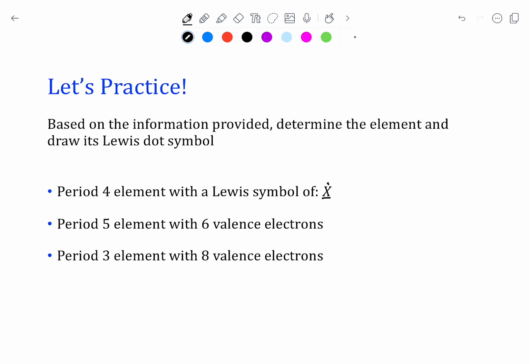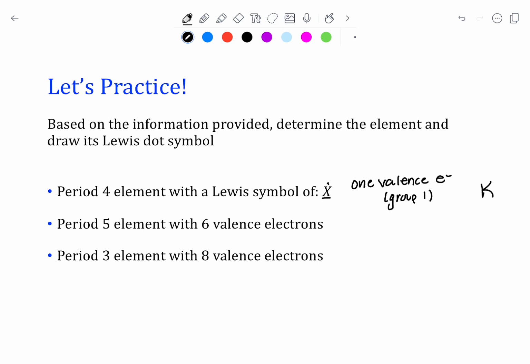And there's 1 dot on top. So that means it has 1 valence electron. And if it has 1 valence electron, we know that it is in group 1. So if we go to group 1 on our periodic table and go to period 4 in group 1, we see that this element is K, potassium.